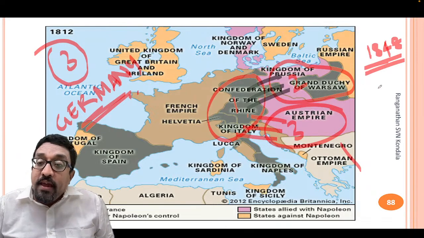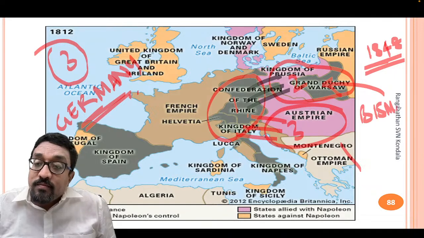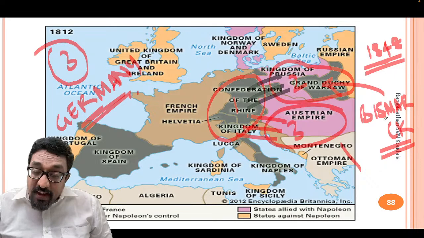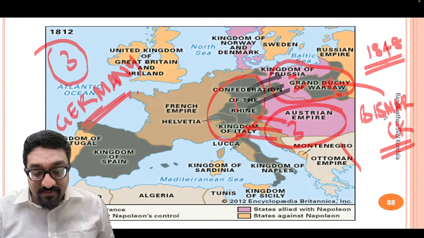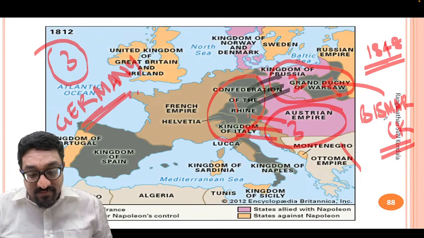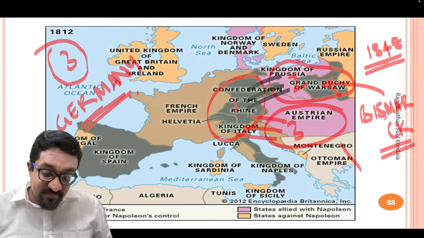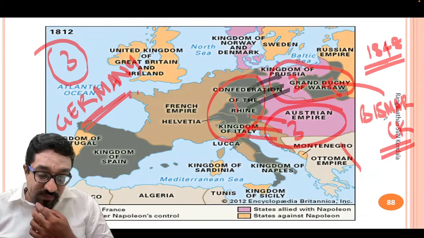But at this same time, Prussia got a guy called Bismarck. And Bismarck was like Cavour. Very smart, very intelligent. Bismarck was exactly like Cavour.